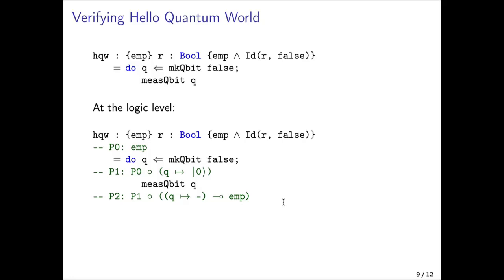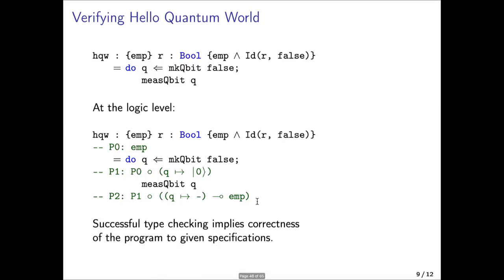So this gives us some idea of how the system keeps track of postconditions being generated. But the job is not done. We want to be able to say that if you were able to type check this program, it means that the pre and postconditions you applied were correct.